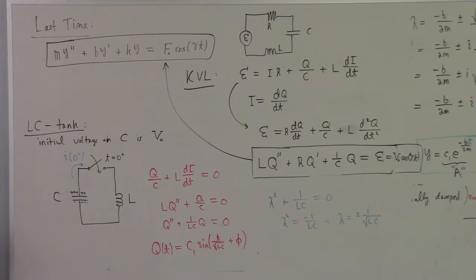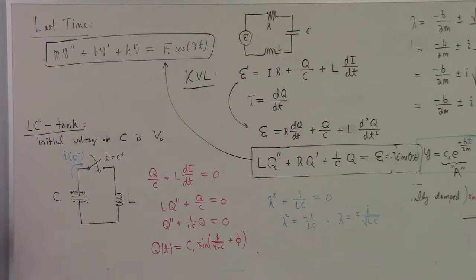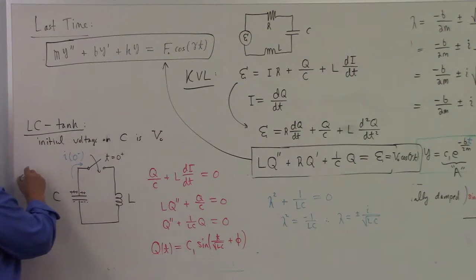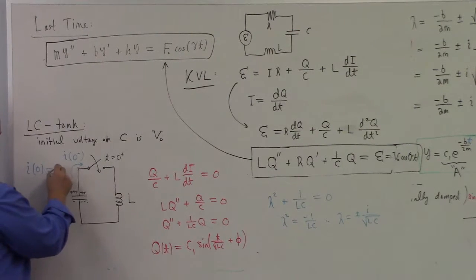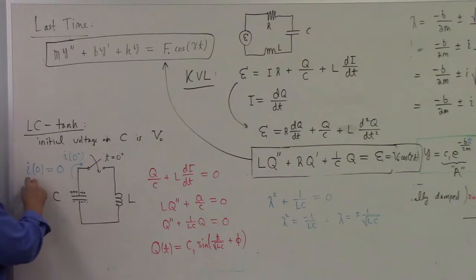It's 0, right? Inductors resist an instantaneous change in current. That means that the current flowing just a smidgen of time after 0 is still 0. So I have an initial condition that the current at time 0 is 0. By the way, that's the same as Q prime of 0 equals 0.